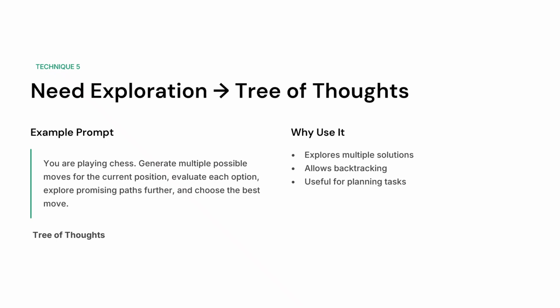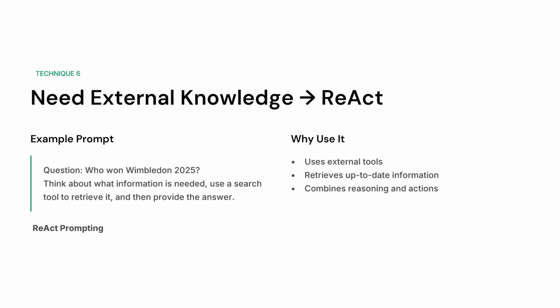Now, for tasks like planning or for games like chess, where you want to explore multiple solutions and then select the best one among them, for such cases where exploration is required, methods such as tree of thoughts prompting work pretty well. Now, suppose you want to ask the model a question where you require external tools because the model might not be up to date with the current information.